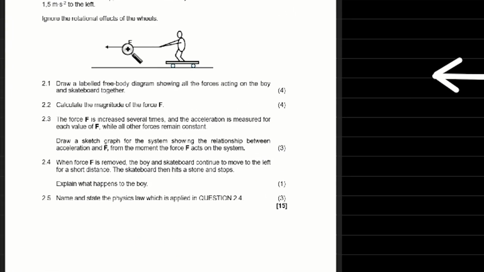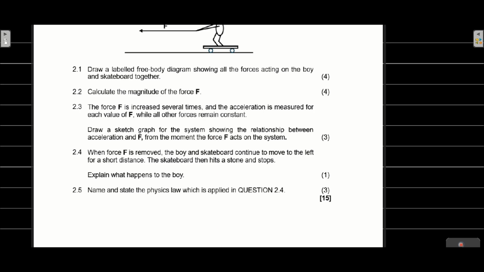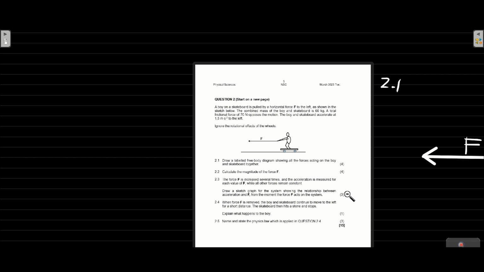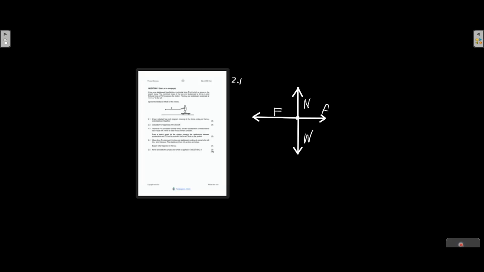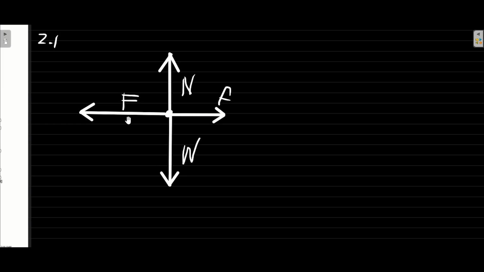In 2.2, they ask us to calculate the magnitude of the force F. And the force F, if we go back to the image, is the applied force there. So what is the magnitude of F? Let's go back to that free body diagram we just drew. Like I said in the previous video, if you've watched it, the free body diagram will help us analyze all the forces.